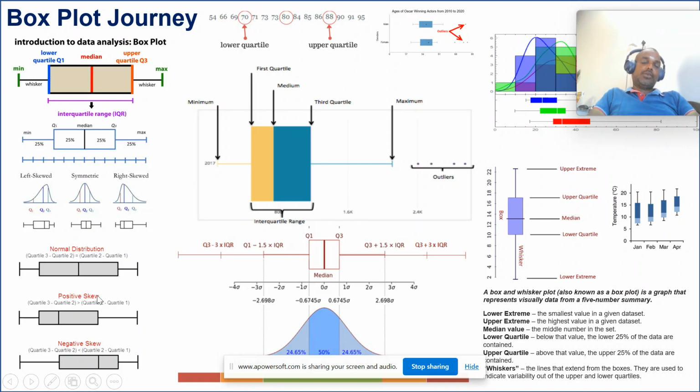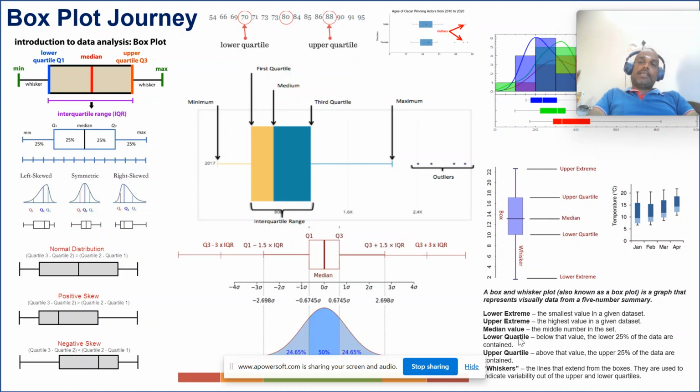This is positive skewness, and this is negative skewness. If your data is skewed to the left, it's positive skewed, and if the data is skewed to the right, it is negative skewed. That's it. Now you can see these outliers, and how the data is represented: the lower extreme, upper extreme, median value, like that.